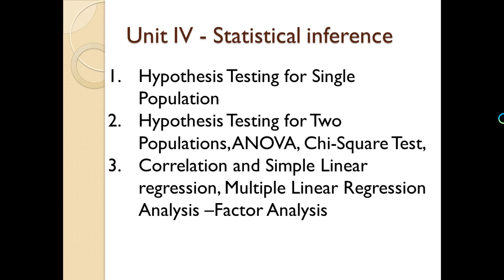And then means difference tests like the t-test, and the z-test also we will see. And then the third topic is correlation and simple linear regression, multiple linear regression analysis, and of course the last one is called factor analysis. These are the topics in store for us.